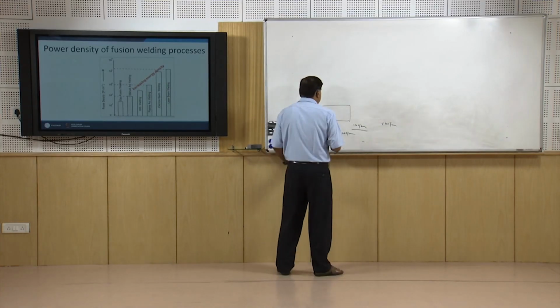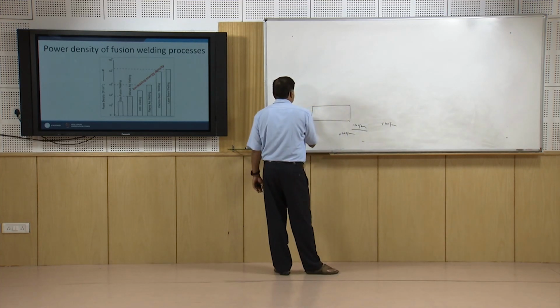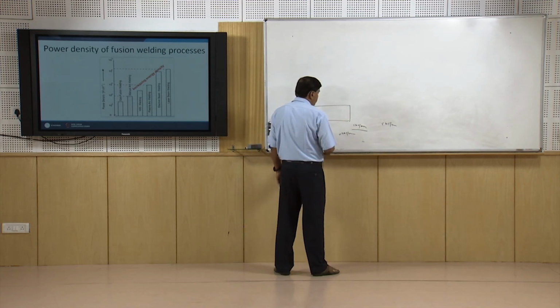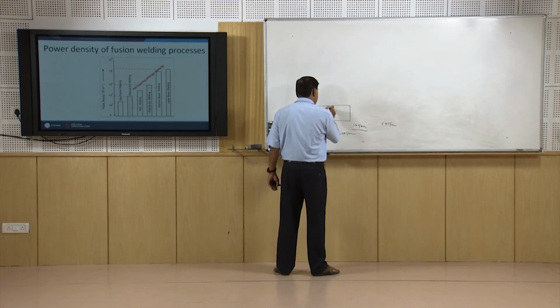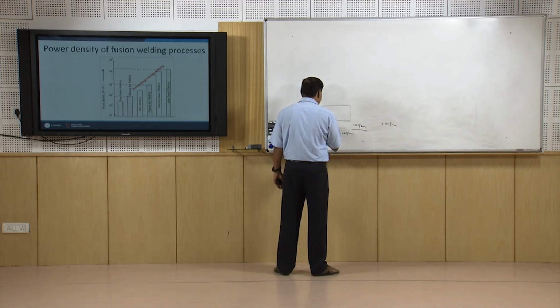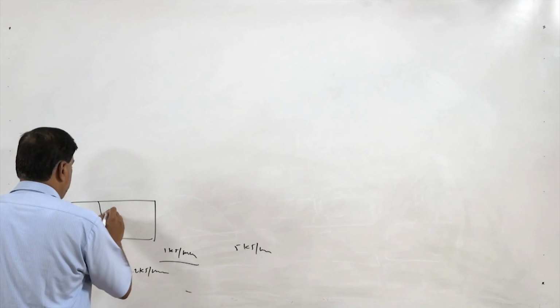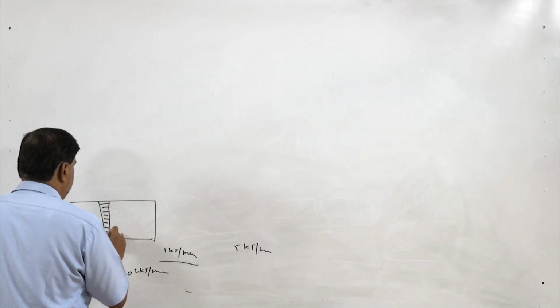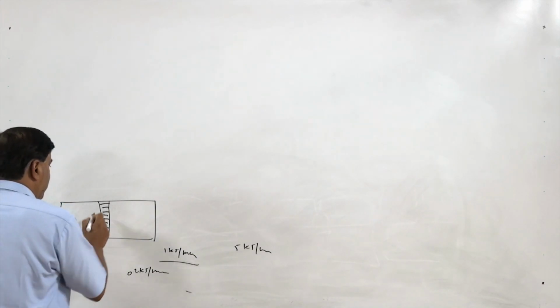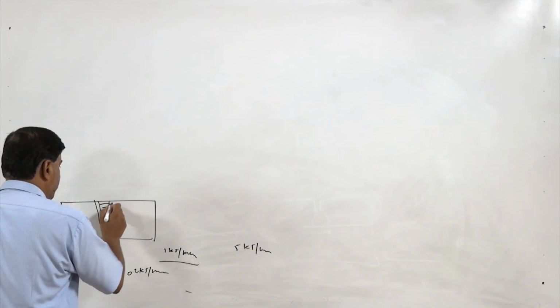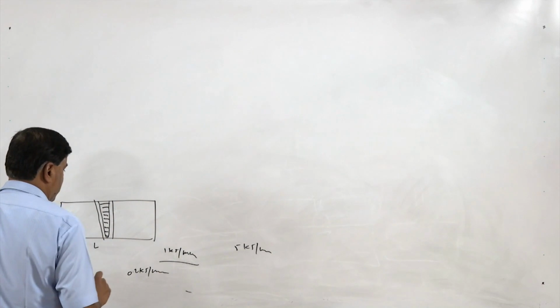Say this is a 3 mm or 5 mm sheet being welded. If we work with low heat input, then the joint size, meaning the weld size, is very small, and the related heat affected zone size is also very limited.